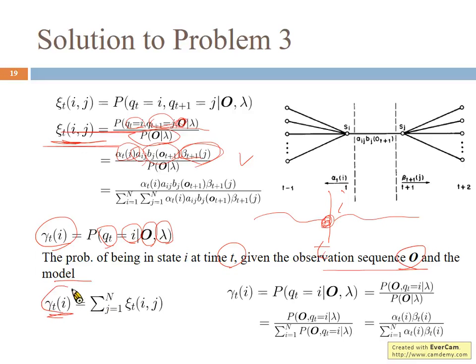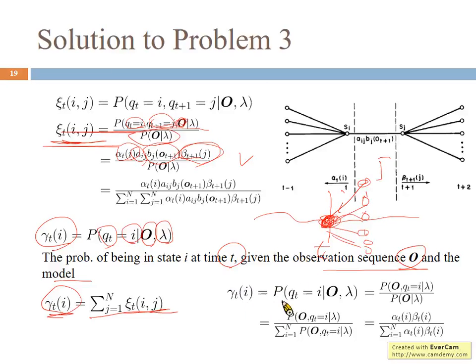And actually, gamma_t(i) is equal to the summation over j equal to 1 to N of psi_t(i,j). That means we sum all possible situations starting from state i and then going to j, where there may be N possibilities. So that is the relationship between gamma_t(i) and psi_t(i,j).